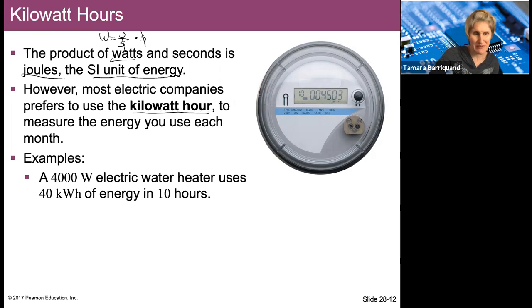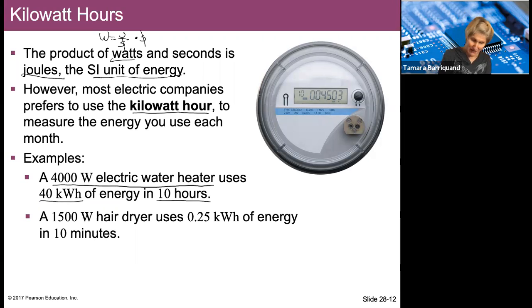Let's look at an example of that. If we have a 4,000 watt electric water heater, for example, and we run it for 10 hours, well, that would be 40,000 watt hours or 40 kilowatt hours of energy. If we have a 1500 watt hair dryer and we use it for 10 minutes, well, that's 1/6 of an hour.